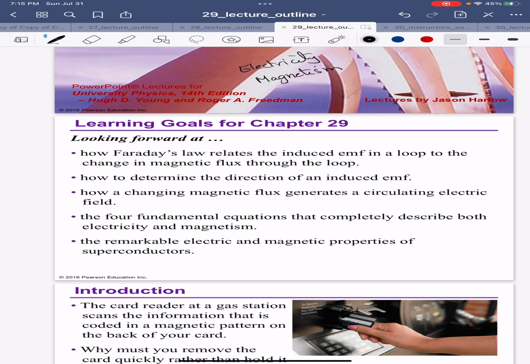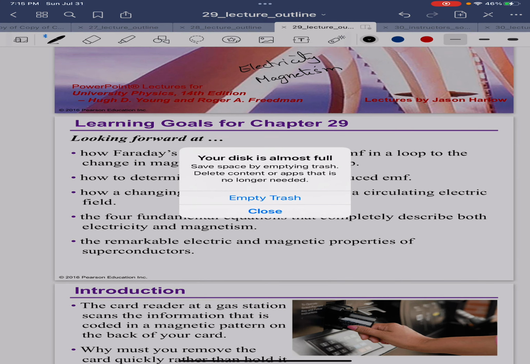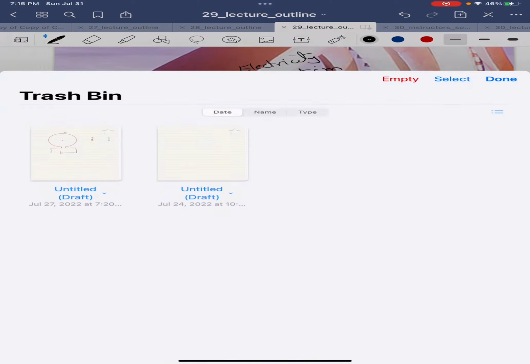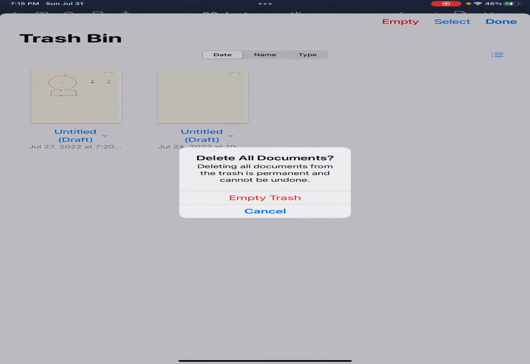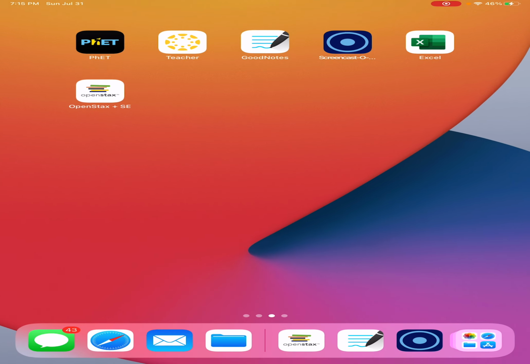How to determine the direction of an induced EMF, and we are going to study this in details. Most of our applications here are going to be talking about this. Now, what is going to cause this kind of EMF?